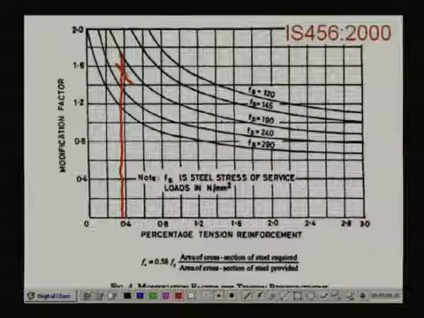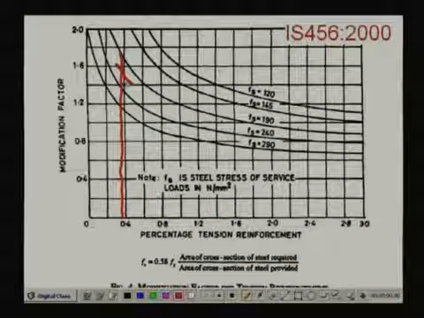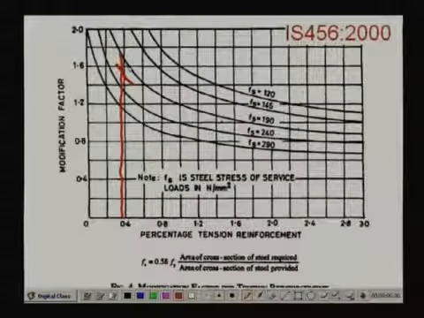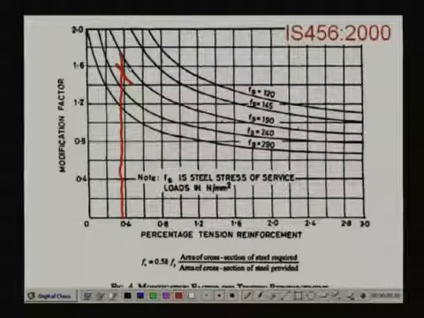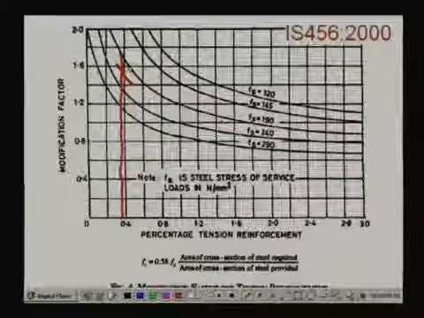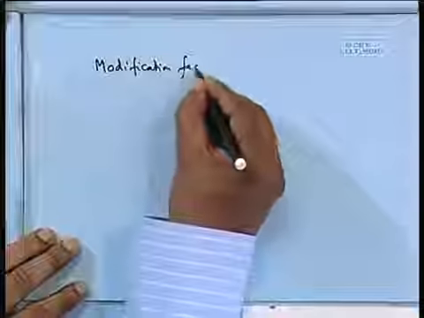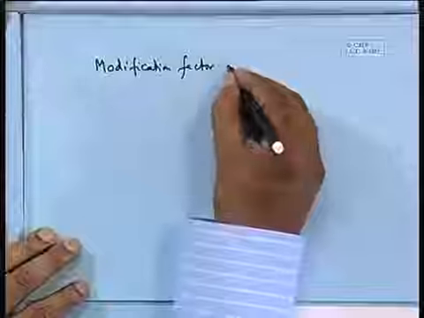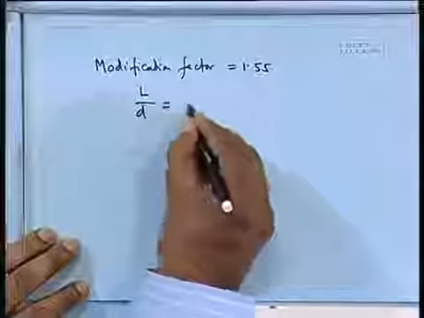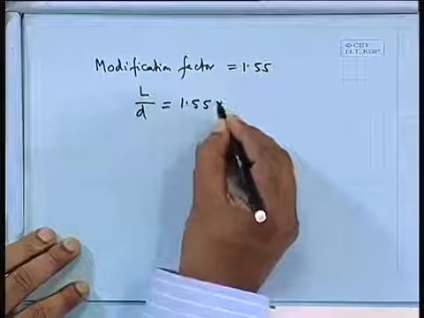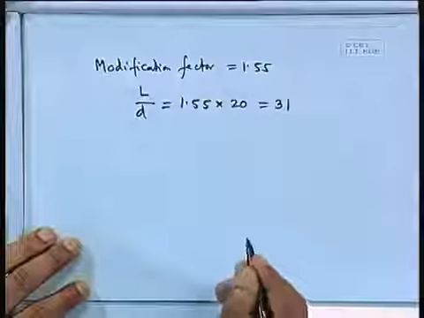So the value that I have computed here is 1.55, because it is 1.4. So I have taken 1.55 as the modification factor. So L by d equal to 1.55 times 20, since this is a simply supported case, which comes as 31.